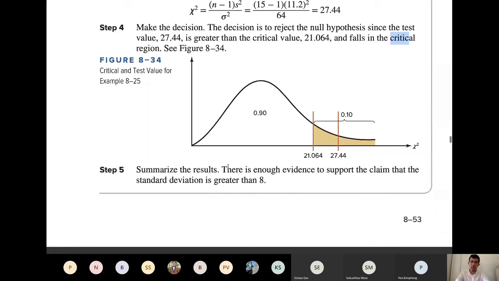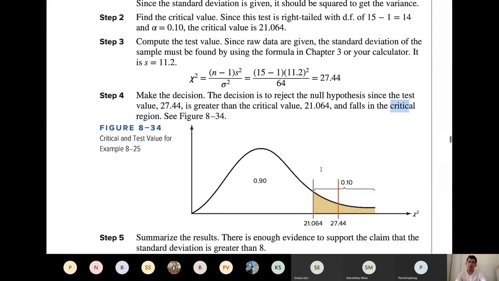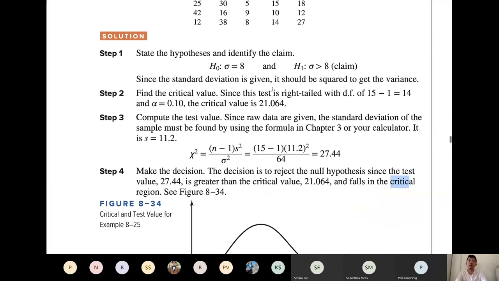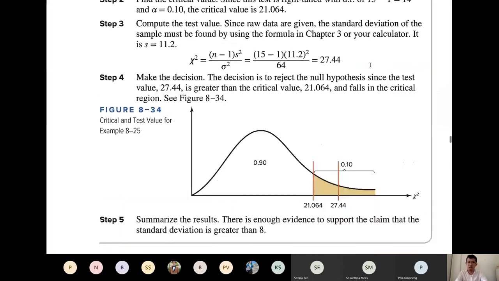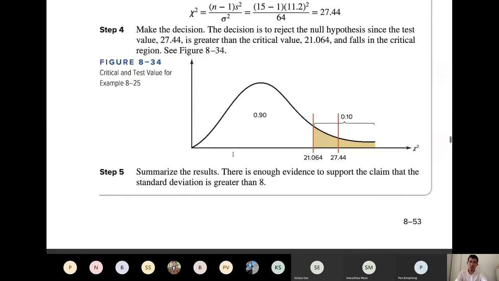And the result is there is enough evidence to reject the null hypothesis, or in other words, there is enough evidence to support the alternative hypothesis, which is the claim of the administrator. So that's why we come up with there's enough evidence to support the claim that the standard deviation is greater than 8.